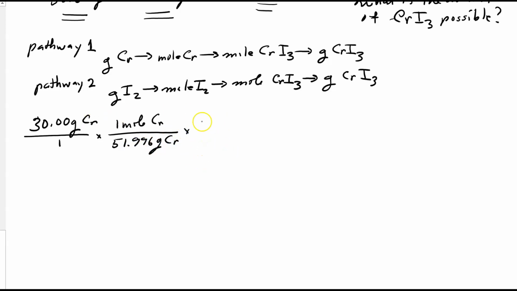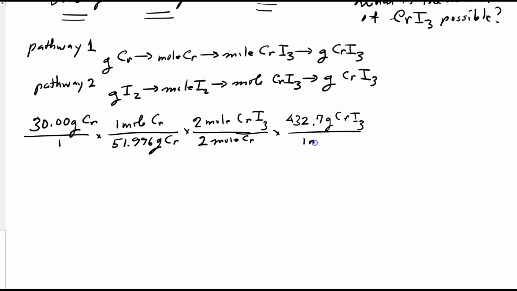And in the balanced reaction, we have 2 moles of chromium 3 iodide for every 2 moles of chromium. And with respect to the chromium 3 iodide, the molar mass here is 432.71 grams of chromium 3 iodide for every 1 mole of chromium 3 iodide.